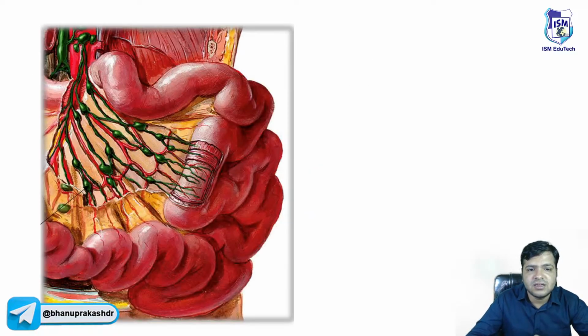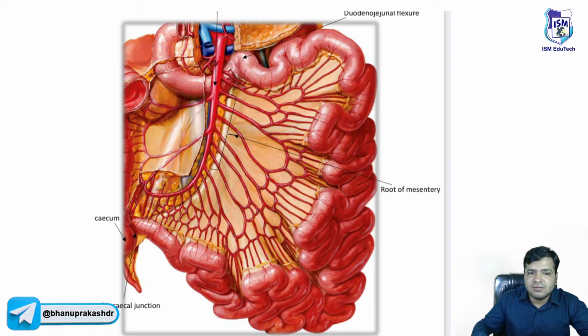If you want, you can see it over here also. You can see these arteries, right? These are jejunal arteries, and these jejunal arteries are forming these arcades.